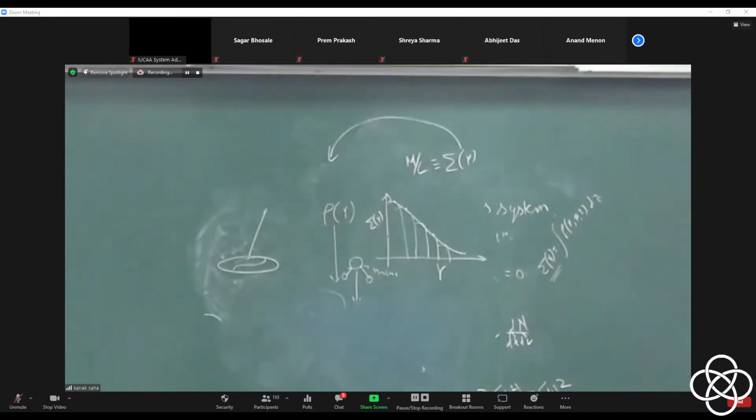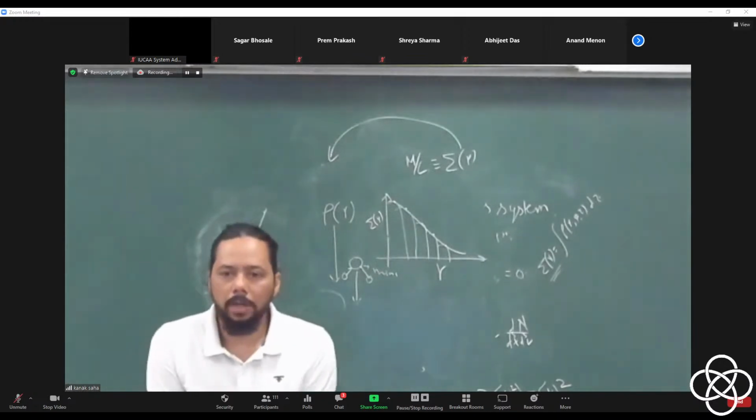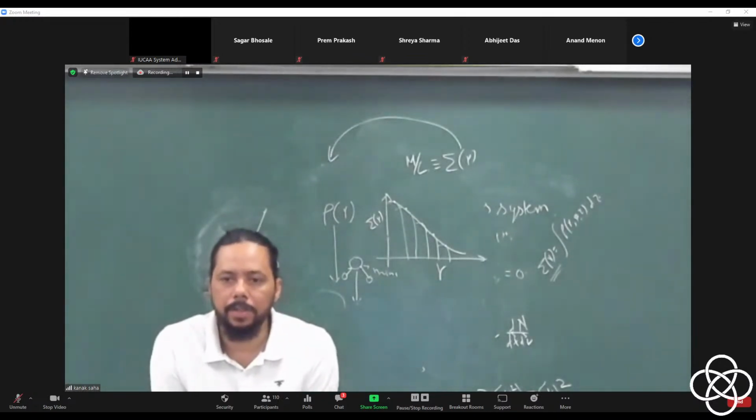The question is, if a star comes very close to the solar system or sun, how do the trajectories of planets deflect?